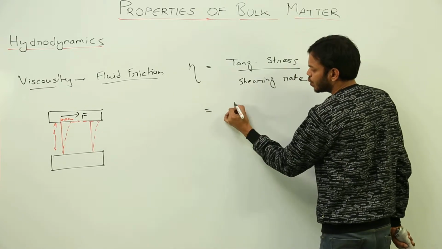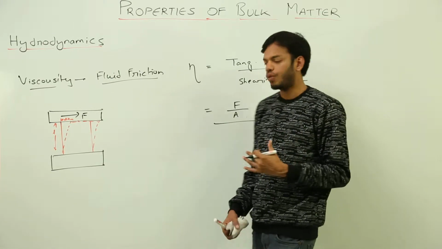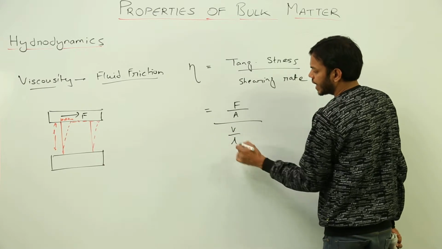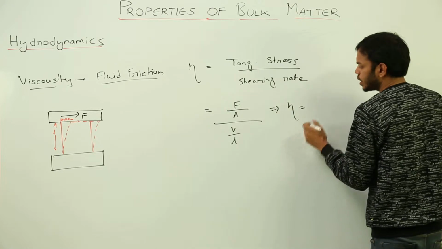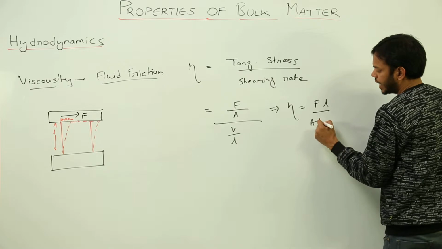Tangential stress would be this, because each stress has the same formula, force per unit area, and shearing rate would be V by L, right? So this gives me viscosity equal to FL upon A times V.